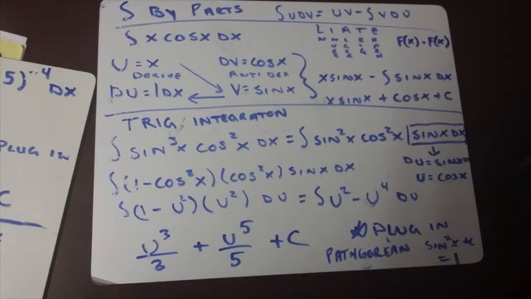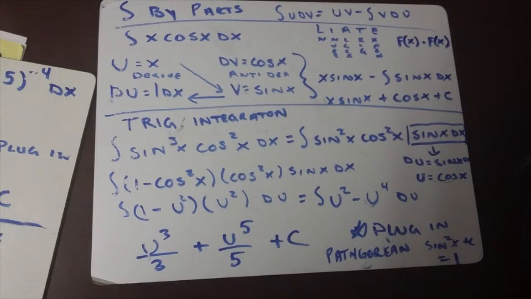The next method we will look at will be integration by parts. For integration by parts, there are 3 ways to identify this problem. The first method is you have to use the equation: the integral of u dv is equal to uv minus the integral of v du.